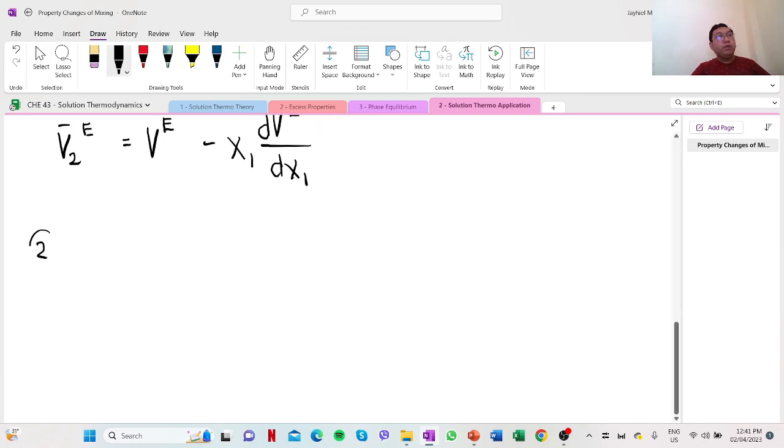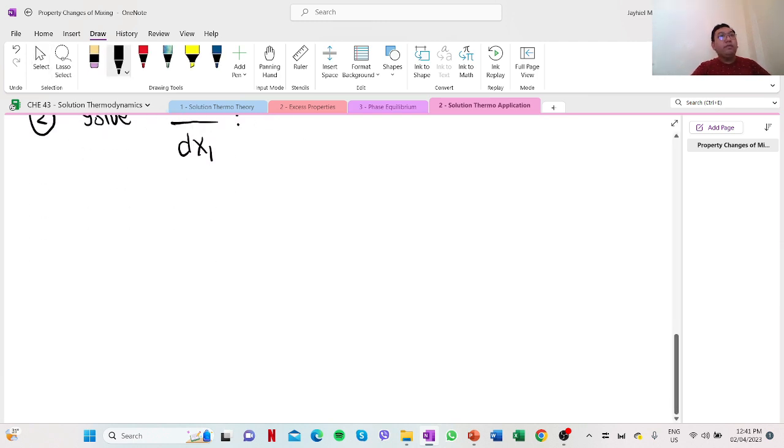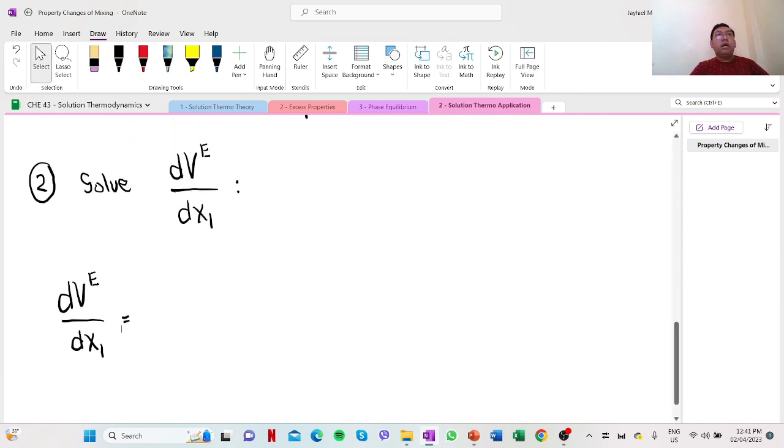So for step 2, let's solve for dVE over dx1. I think I need to write the original equation first.